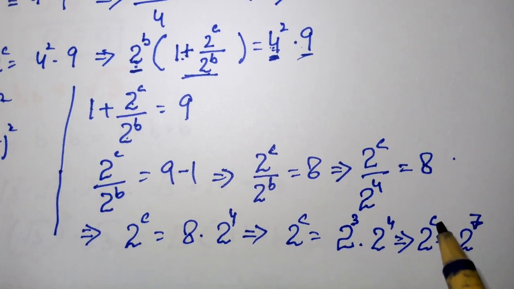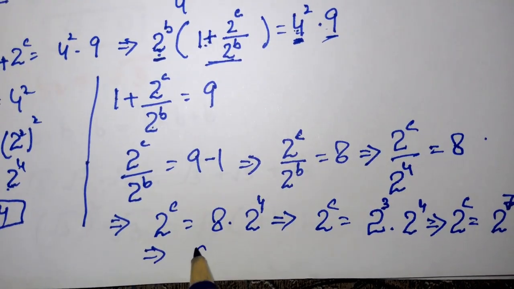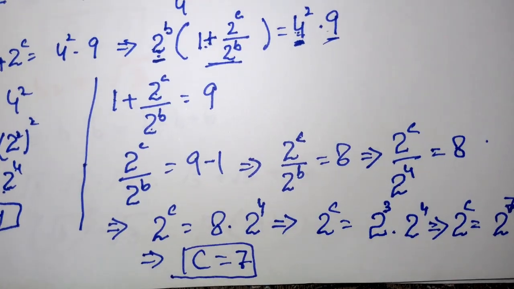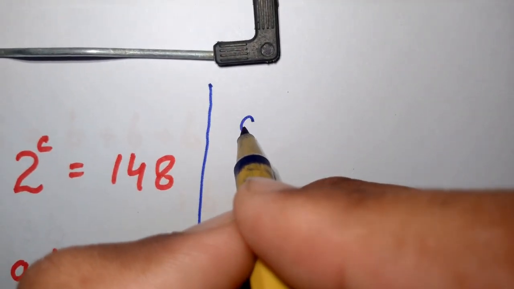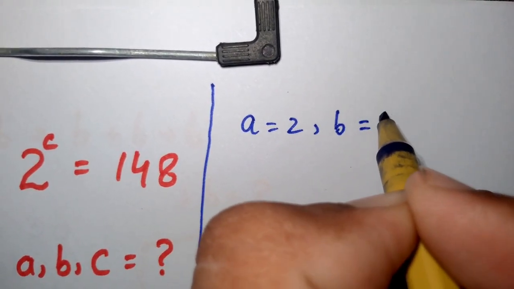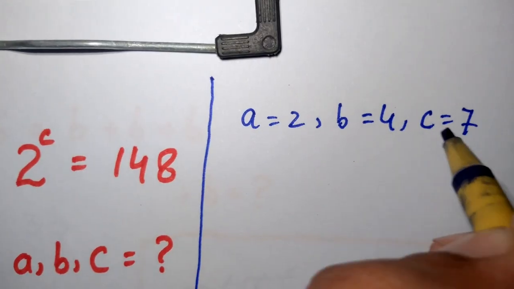Here the bases are same, so c is equal to 7. So the value of c is also obtained. So the value of a is equal to 2, the value of b is equal to 4, and the value of c is equal to 7.